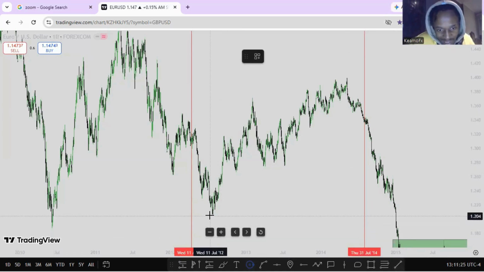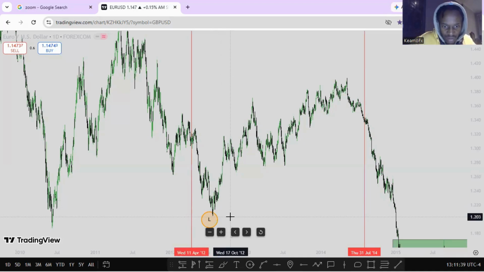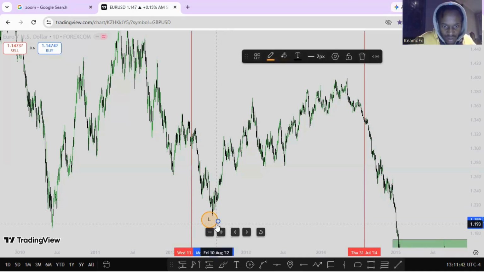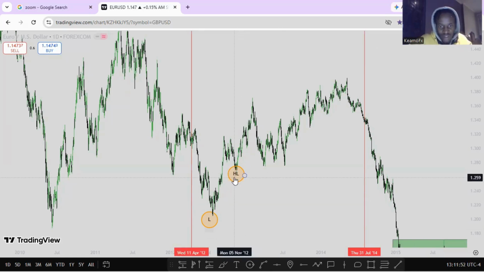We clearly have a low. We have the low, which creates the low, which creates a higher low, the higher low, right?